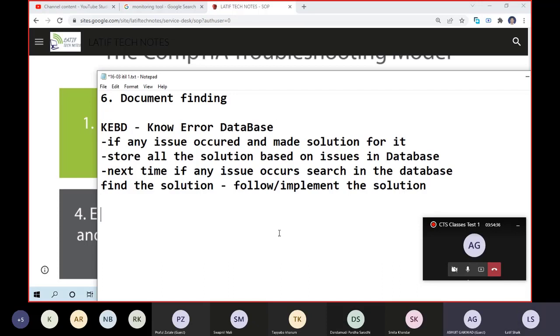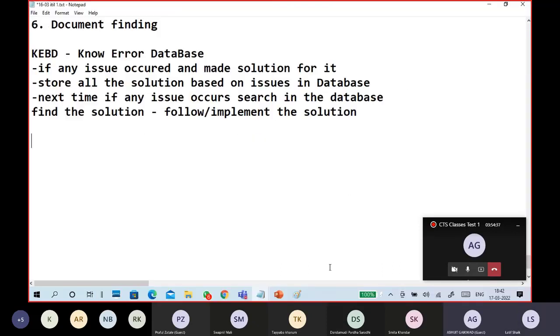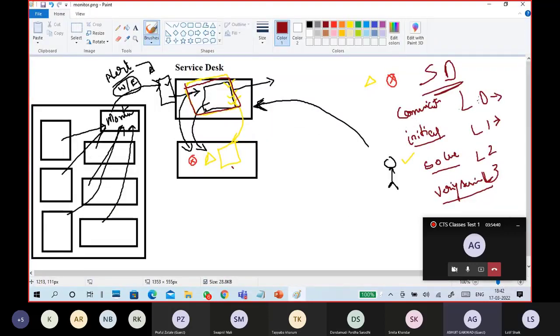Sometimes you can suggest to the client also. Already I told there are levels. See L0, L1, L2. What will the L0, L1 people do if the same issue keeps repeating? Immediately when the issue occurs, they'll understand the issue. They'll check the relevant information and open the database.